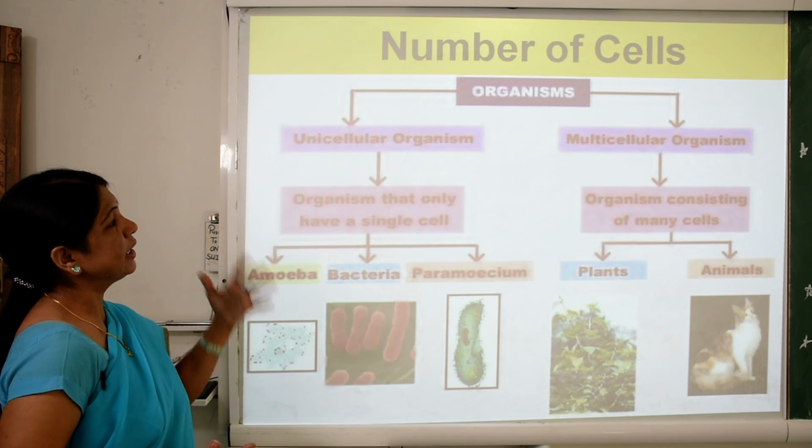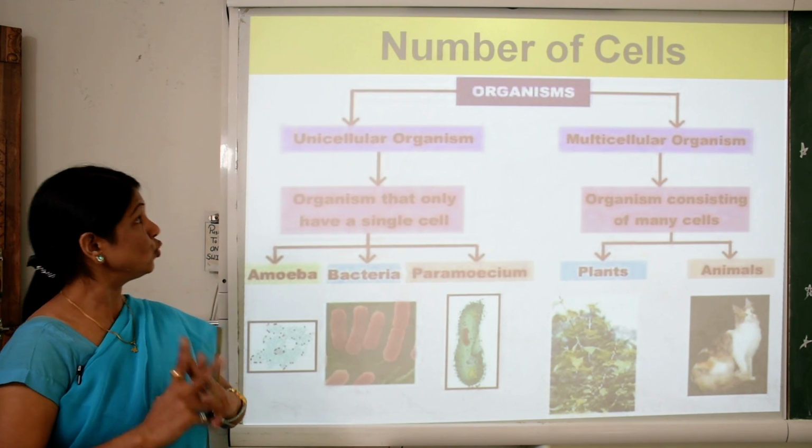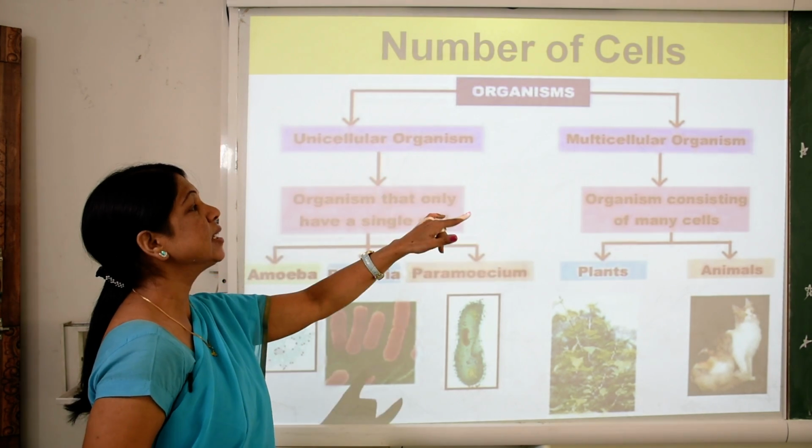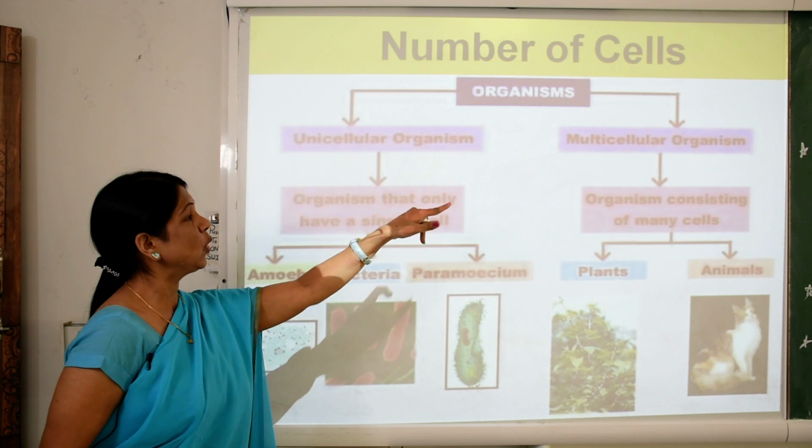So organisms are divided into two: first is the unicellular organism, second is the multicellular organism.